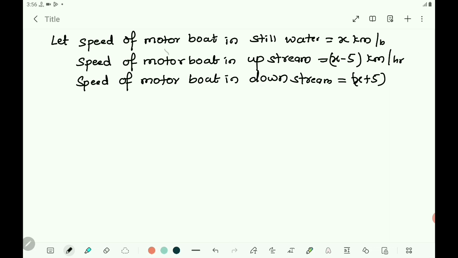It moves with the water, so we have to take x plus 5 kilometer per hour.